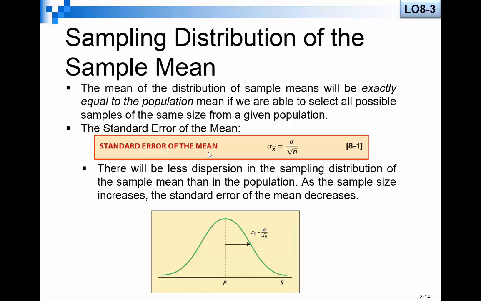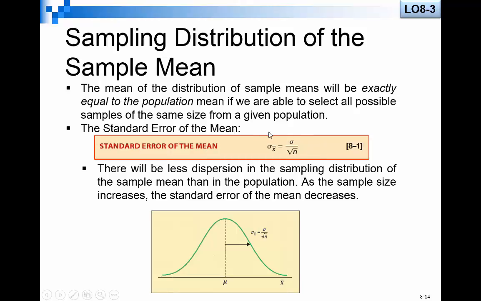And if we are able to get all possible samples of the same size from the population, we will find that that distribution has a mean that equals the population mean, and it has a variance, right? It has a score that refers to its dispersion that is referred to as the standard error of the mean.